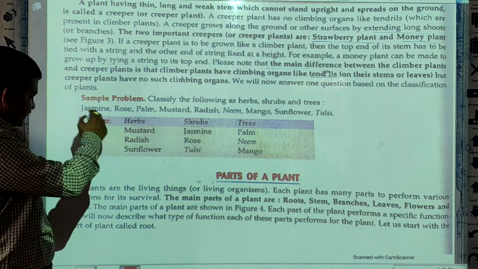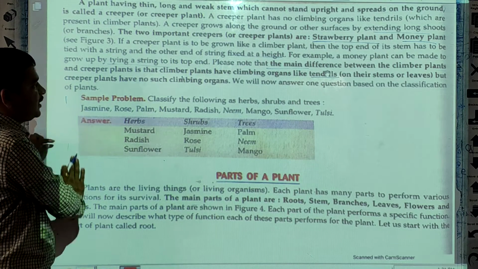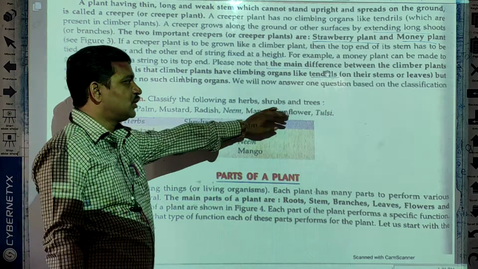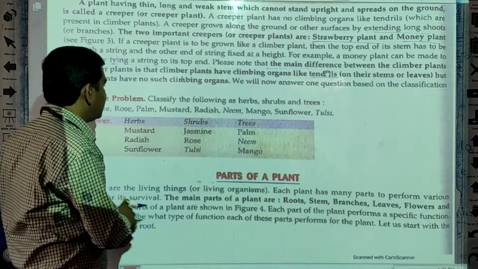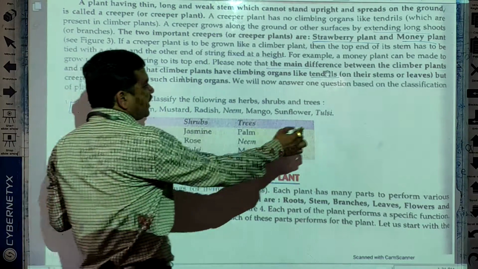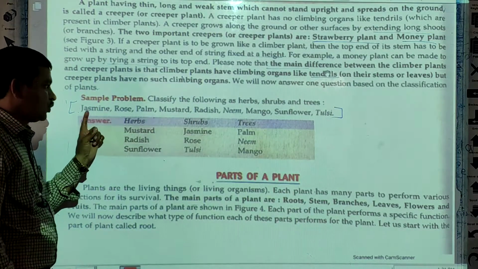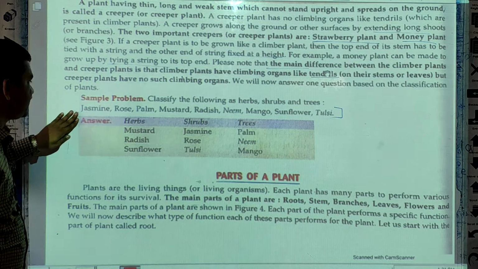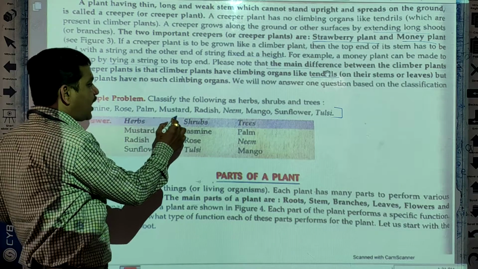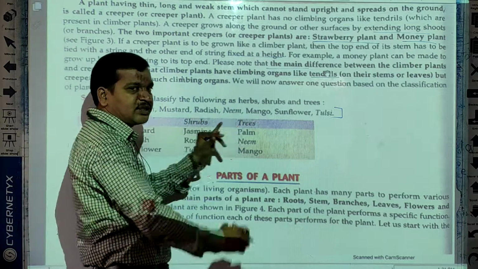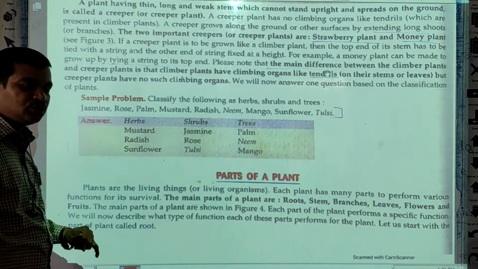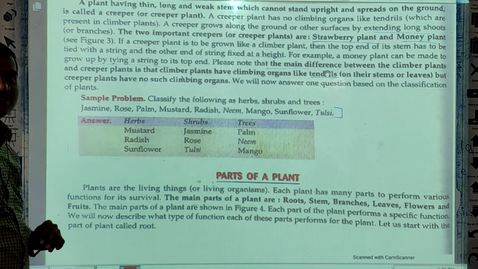One example is given here, a sample problem. Classify the following as herbs, shrubs and trees. Here the list of plants is given, and you have to read these plants and classify them into the three groups: jasmine, rose, palm, mustard, radish, neem, mango, sunflower, tulsi.